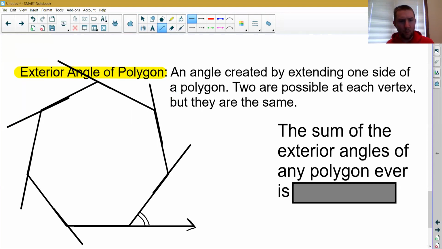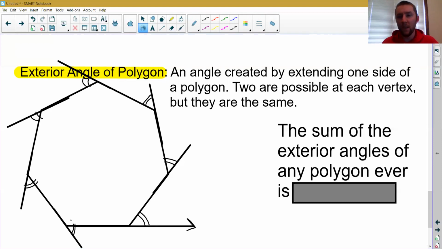So we can create one exterior angle at each corner, and in this case, because there are 7 sides, there are 7 corners, so I can create 7 exterior angles. The number of exterior angles we can create, as long as we only do one at each corner, is the same as the number of sides. So I have these 7 angles.